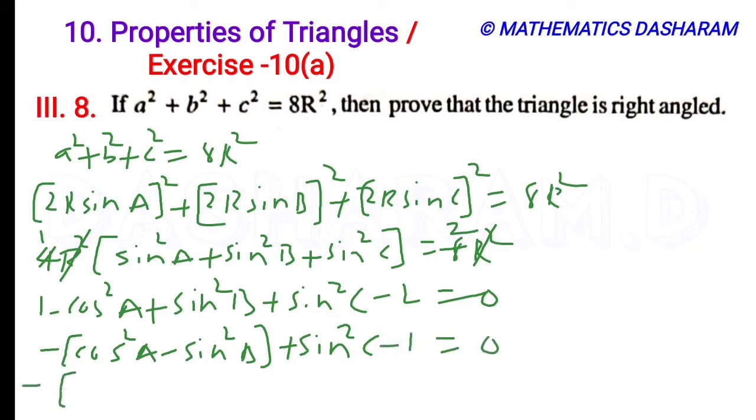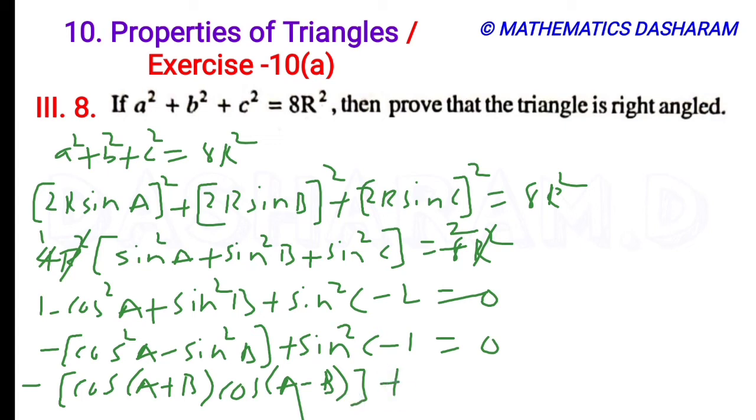So minus cos square A minus sine square B, formula is cos(A plus B) into cos(A minus B). So plus, here take the minus common, then minus 1 will become plus 1, plus sine square C will become minus sine square C, equals 0.